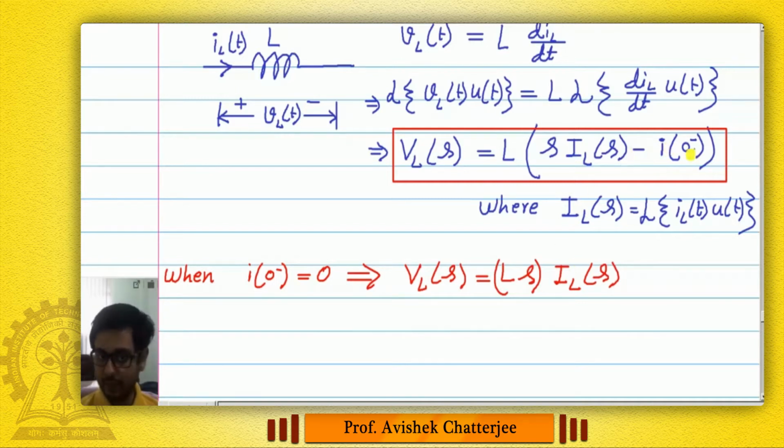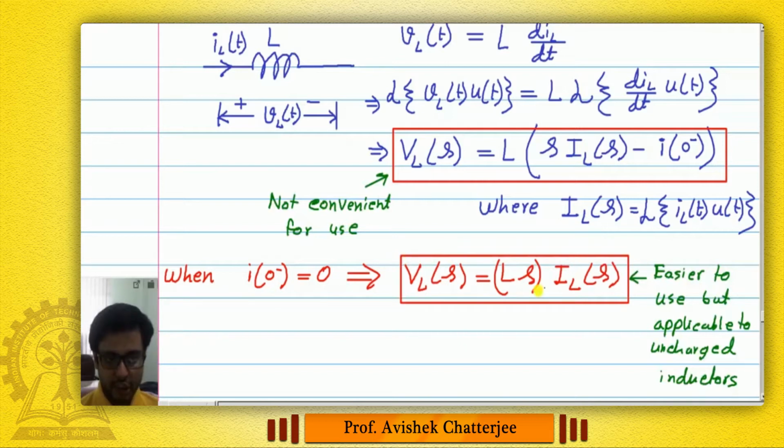However, when this term is not present, then see that voltage and current are proportional to each other, as if this looks like Ohm's law, voltage is equal to current multiplied by some impedance. So this equation is much more convenient to deal with, more easy for use.